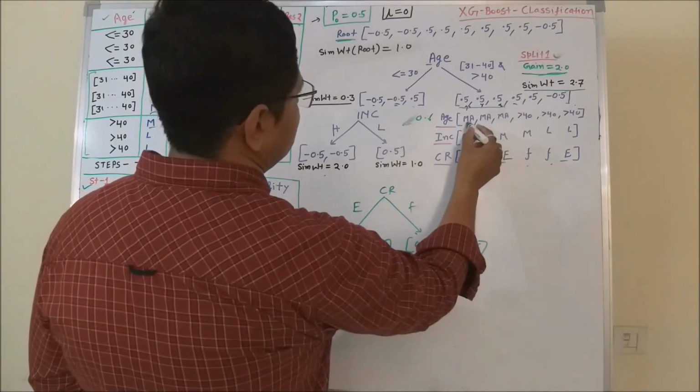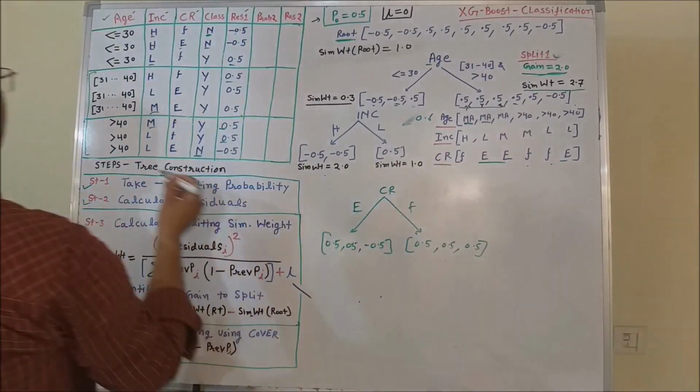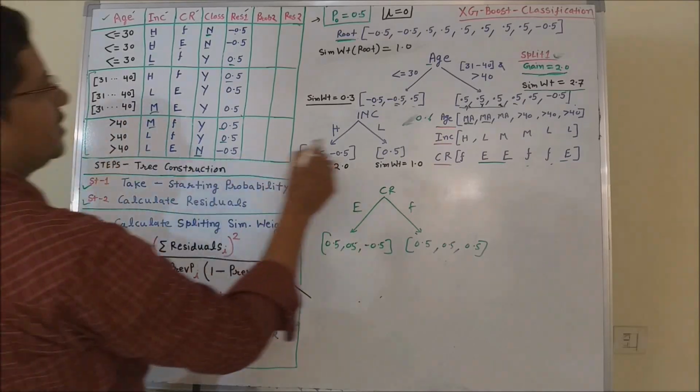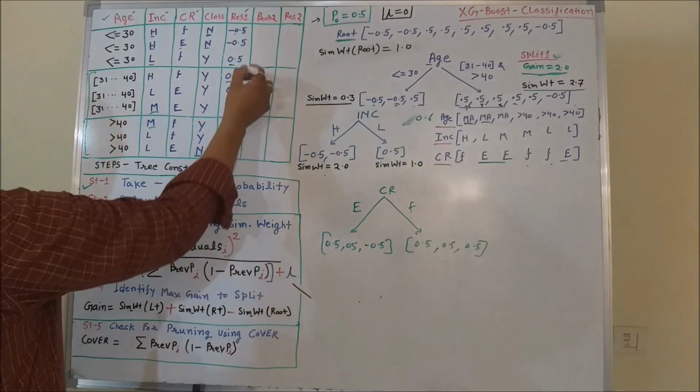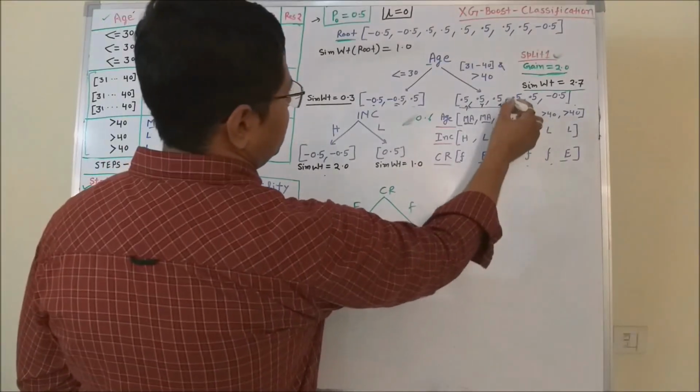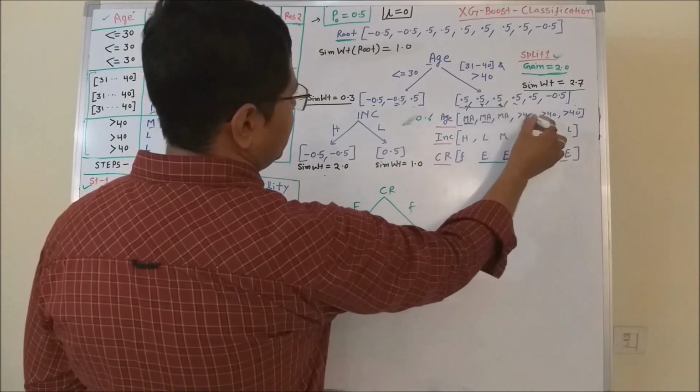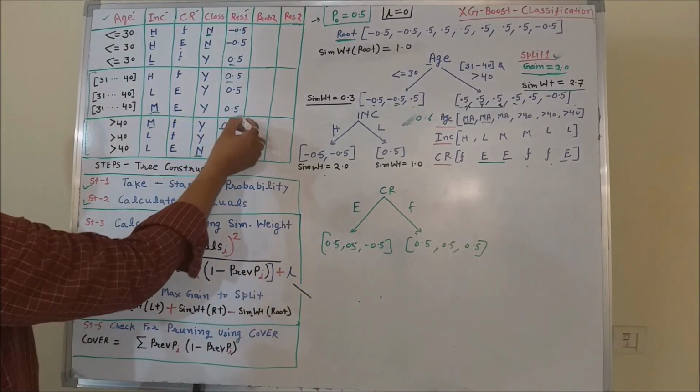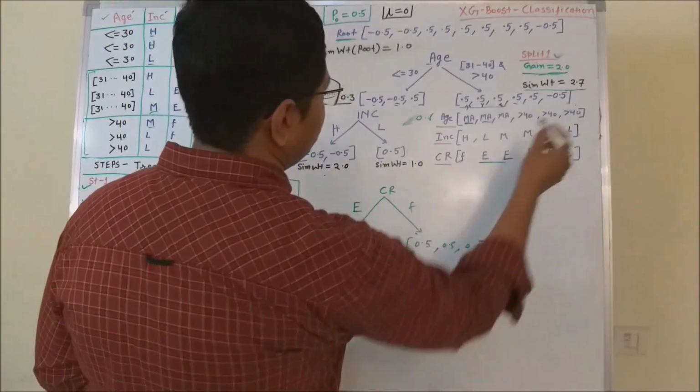So age medium, that is 31 to 40, is represented here. These three represent medium age, and these three residuals represent greater than 40.